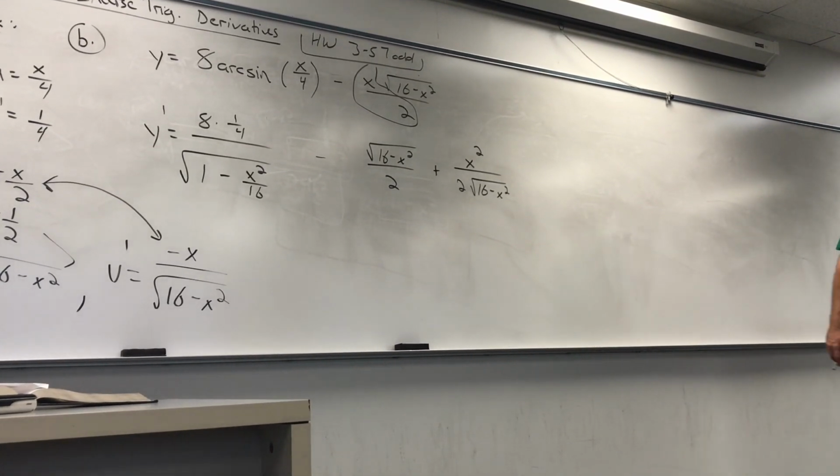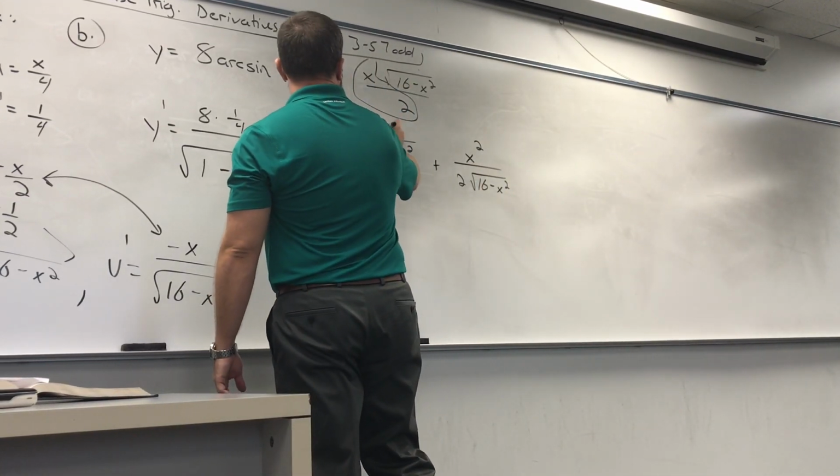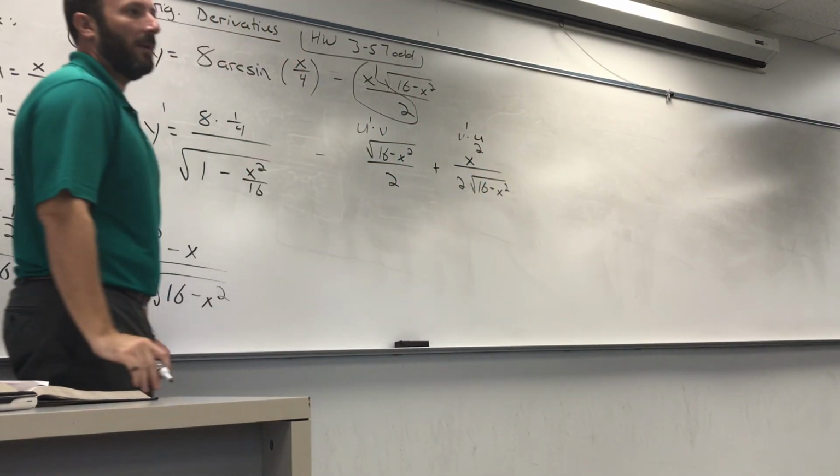Okay. So we got the arcsine, and then we got u prime v, v prime u over here. That's what they work out to be.